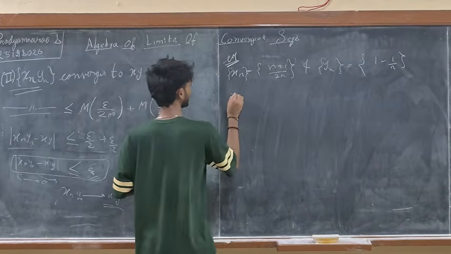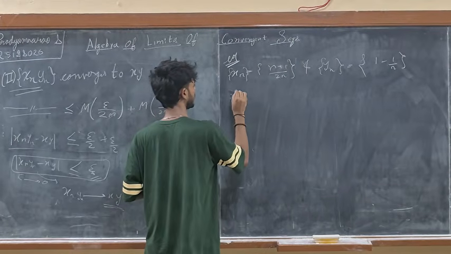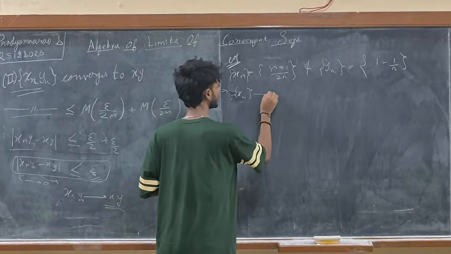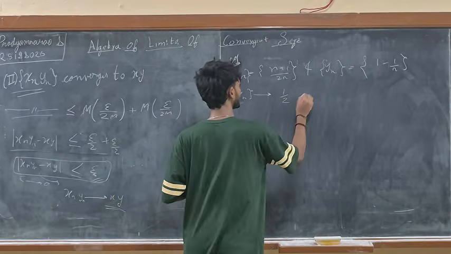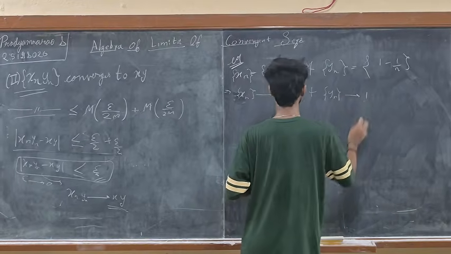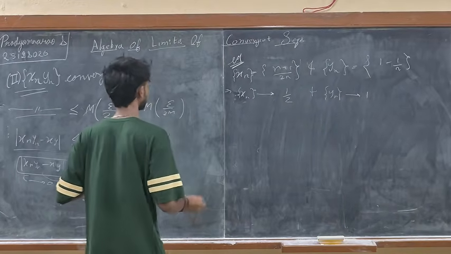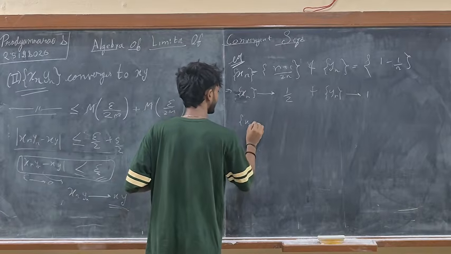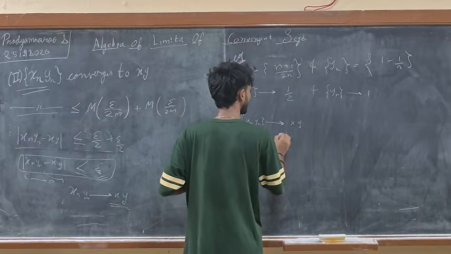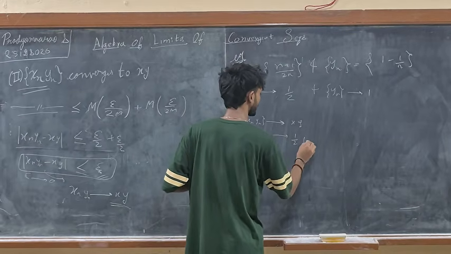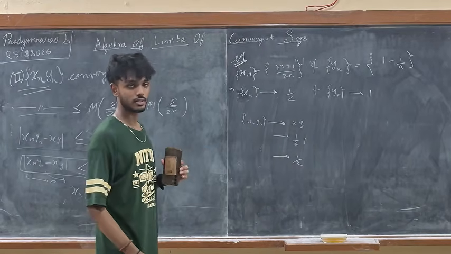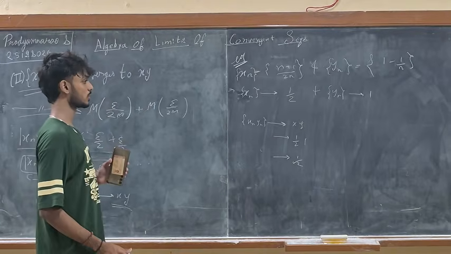Now we know that xn converges to 1 by 2 and yn converges to 1. So using this property, xn and yn should be converging to x and y, that is 1 by 2 is 1, which equals 1 by 2. So we have verified that the theorem we just proved is right.